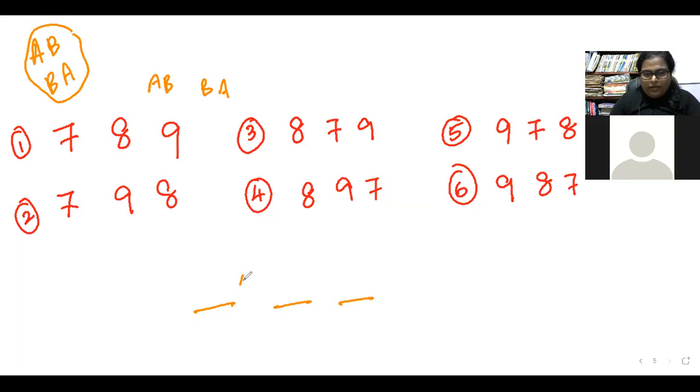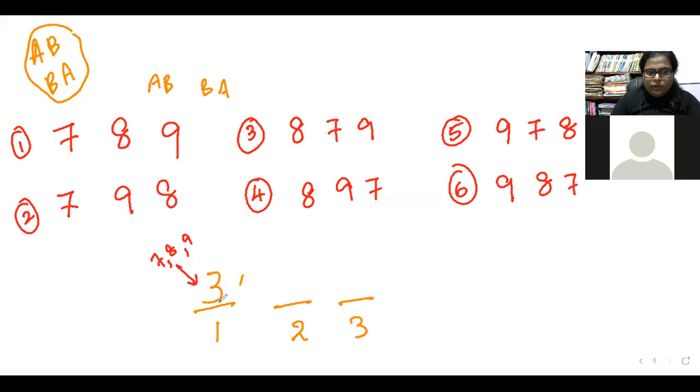Considering the first position, this is the first position, this is the second one and this is the third one. When we consider the first position, you have 3 numbers. They are 7, 8 and 9. Right? 7, 8 and 9.